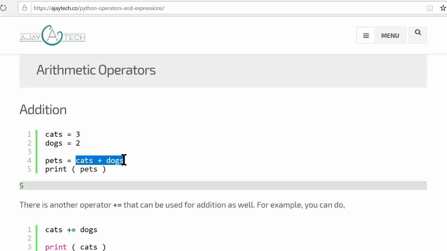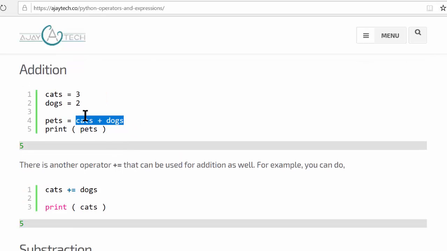So this entire thing that we have highlighted here, cats plus dogs, is called an expression, and the plus that you see here is called an operation or operator. So we are doing an addition operation using the plus operator. If you have some experience with programming languages, you'll understand the plus operator.